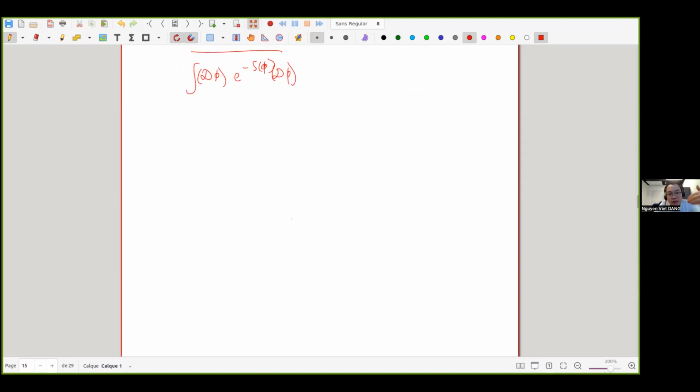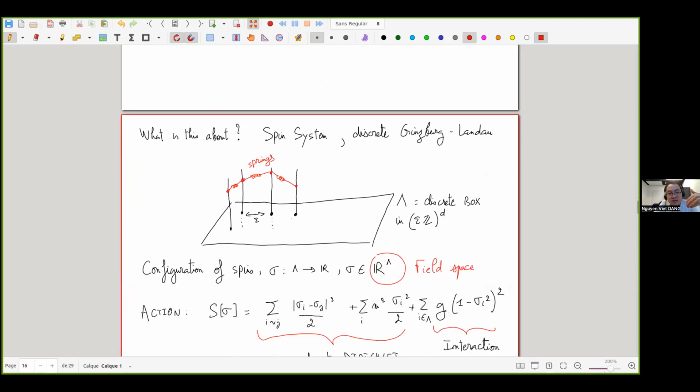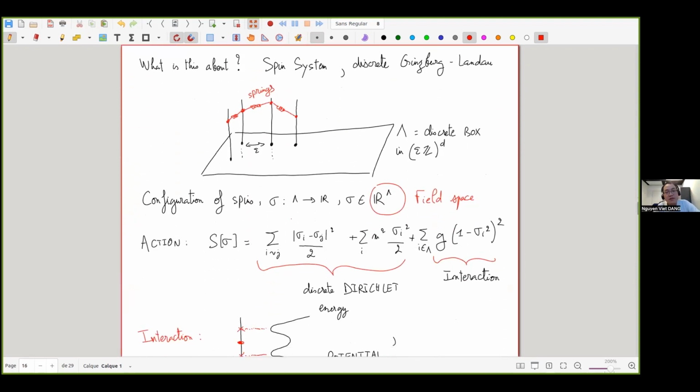So to motivate how we are going to do this, I'll go back to something very concrete. I'll go back to an example of a spin system, a discrete Ginzburg-Landau model. So assume that you have a discrete box. The discrete box I denote by a big Lambda. And on this discrete box, you have a lattice site in epsilon Z^d.